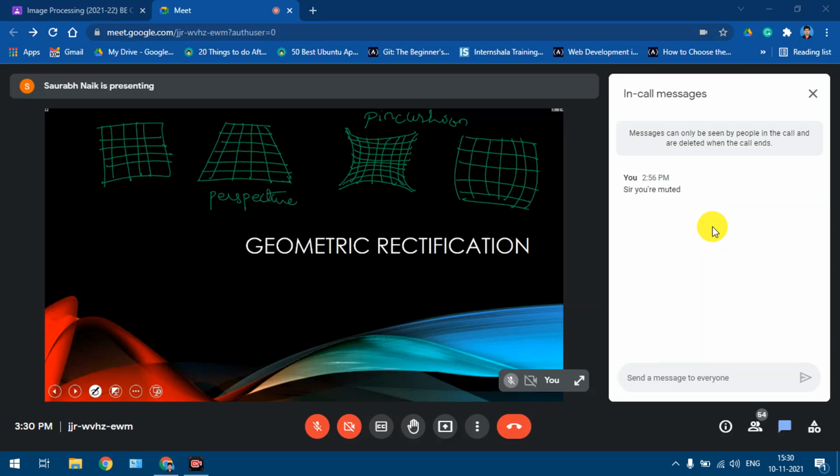In this particular image, let's say we want to find out where this point lies, that is some common points in the original image, and let's say over here it is this point. Okay, let's just assume that it is. So what we want to do is find out where these points are lying, and then we want to confirm that the pixel intensities at this intersection are actually the same.